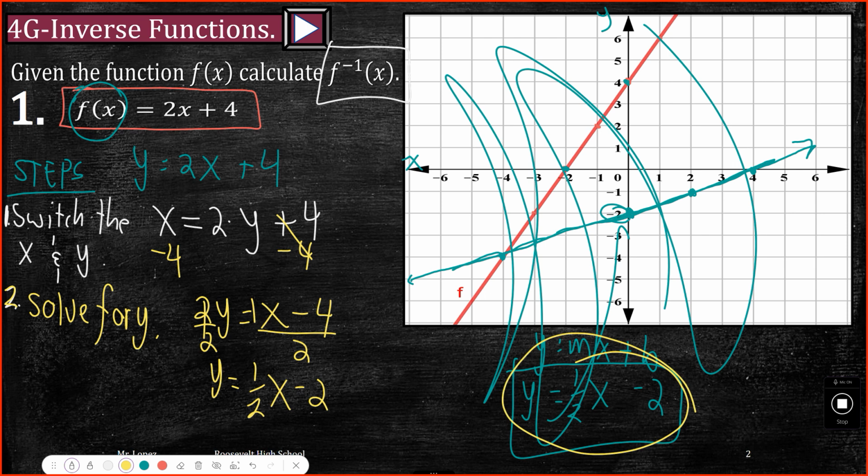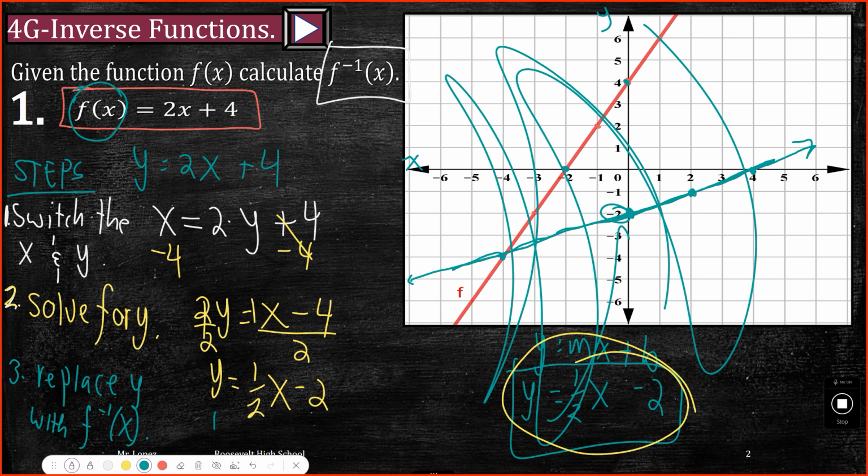Yes? Yes. So now all we got to do is replace. Step number 3 is replace y with f inverse of x. F inverse of x, and that is the inverse function.